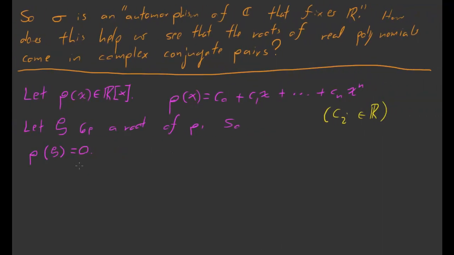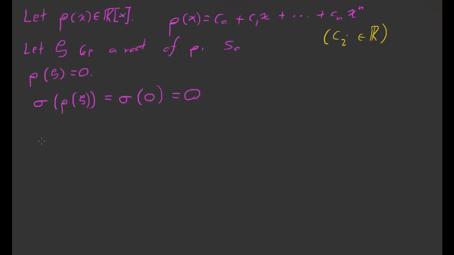So why would that be true? We know that P of zeta is equal to 0, and we want to show that P of sigma of zeta is equal to 0. And the trick here is going to be to consider sigma of P of zeta. Now on one hand, this is equal to sigma of 0, since P of zeta is equal to 0, which is equal to 0.